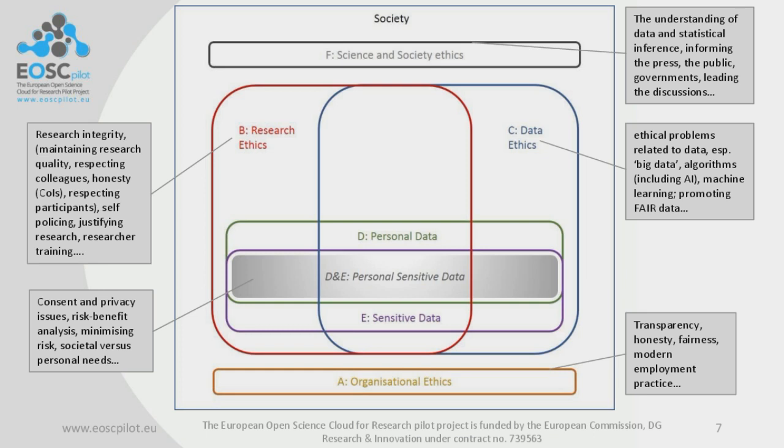All of these issues are explained and discussed in detail in the white paper, so I encourage you to read the paper here. For the sake of time, I cannot go through them.